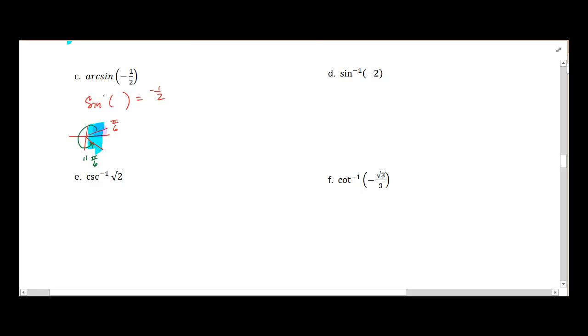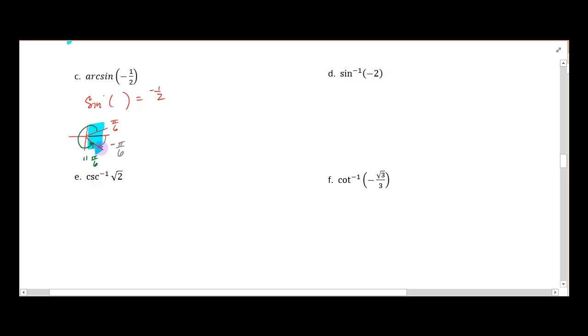But notice what happened when I chose 11 pi over 6. I come out of the blue zone and enter back in. So I cannot use 11 pi over 6. Instead, I have to move negative, and I have to choose negative pi over 6.